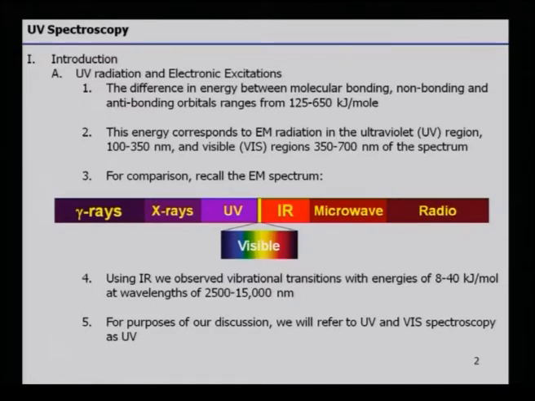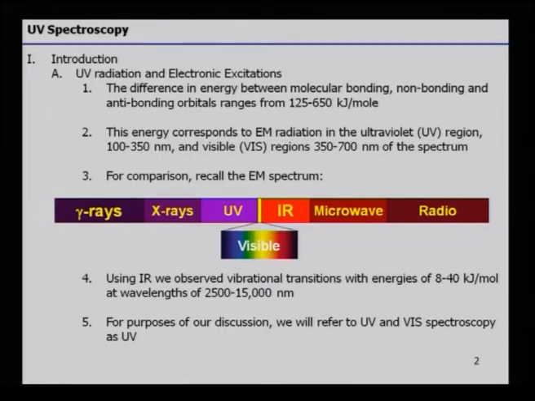So, for comparison, I am just giving you an outlook: gamma rays, X-rays, UV, IR, microwave and radio, and in between UV and IR lies the visible region.